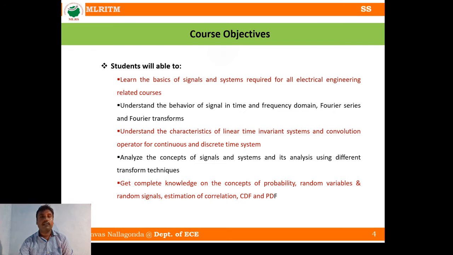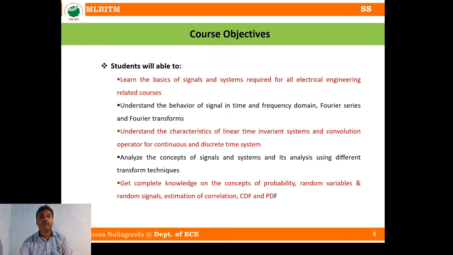So in this course, what can a student expect? What are the objectives of this course? The student can learn the basics of signals and systems. It is required for all engineering related courses. The student can understand the behavior of the signal in time and frequency domain.